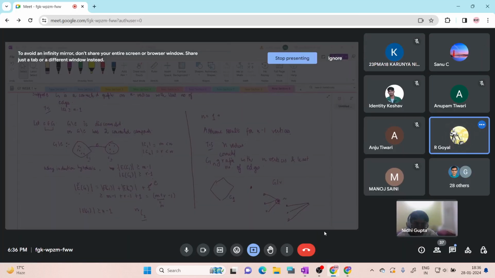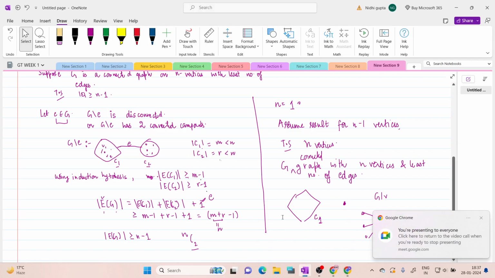Because in yesterday's solving session, we saw one question in which a proof was given that we can relax this constraint by an amount of n minus 1 C2, and still the graph would remain connected. Even though NC2 is clearly an upper bound, this can be relaxed by some amount.